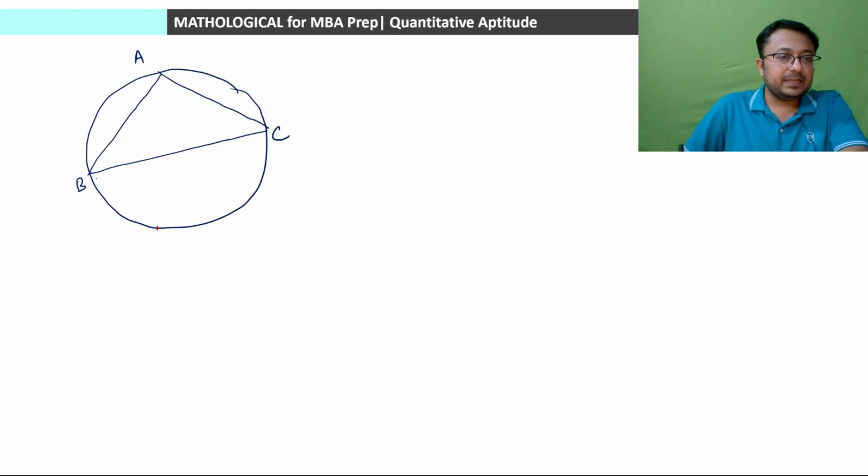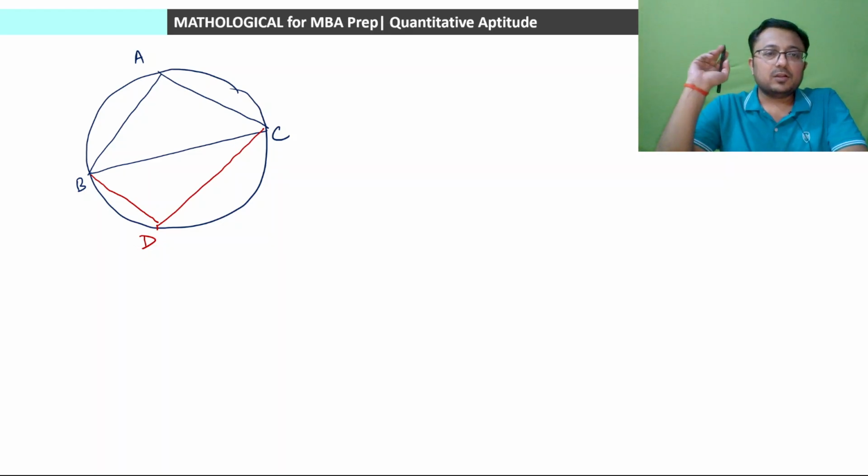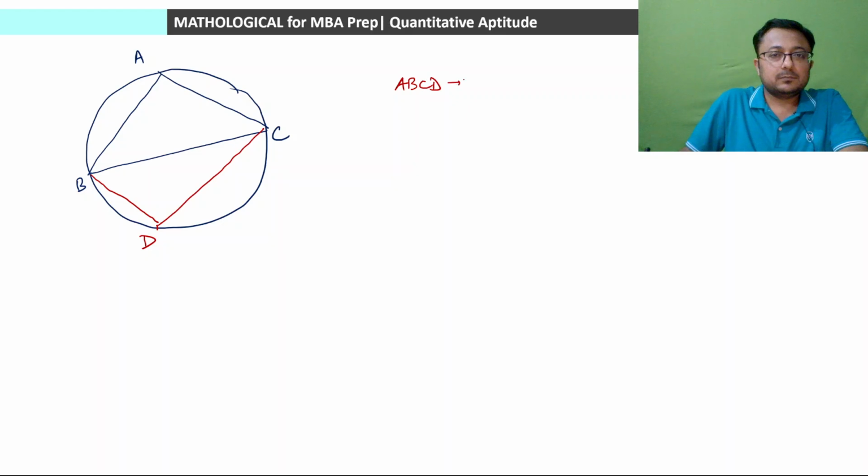Let us say this is the point D. So now this ABCD has all 4 points on the circle. So ABCD is a cyclic quadrilateral. Then let us say there is center at O, center of the circle at point O.